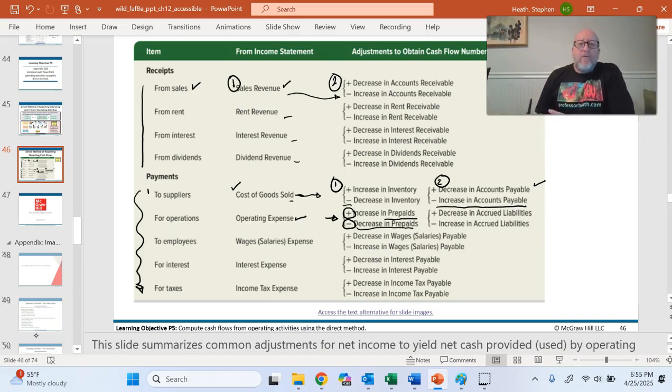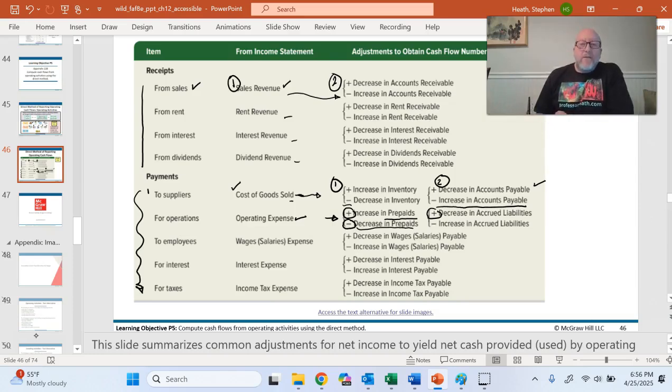And then accrued liabilities. A decrease in accrued liability is a use of cash, right? So we owed somebody money, and if that goes down, theoretically we're using our cash, and so we would be treating it as a use of cash.